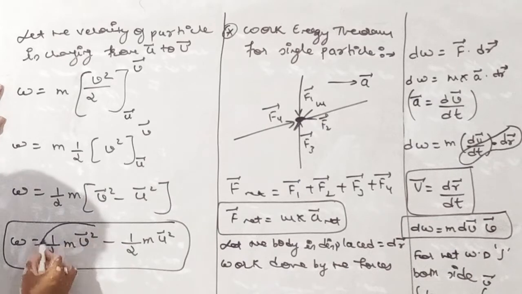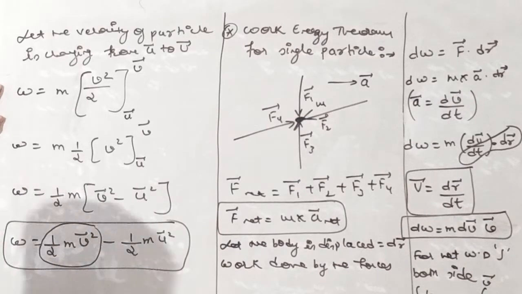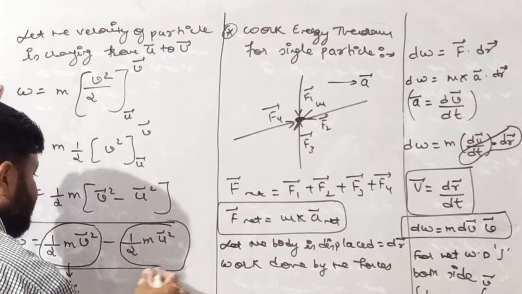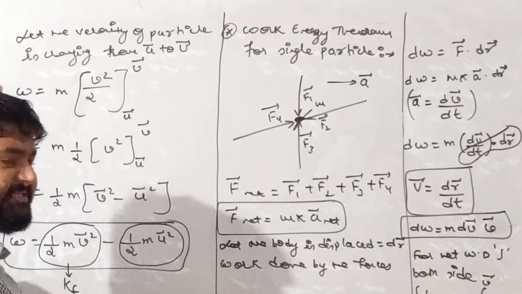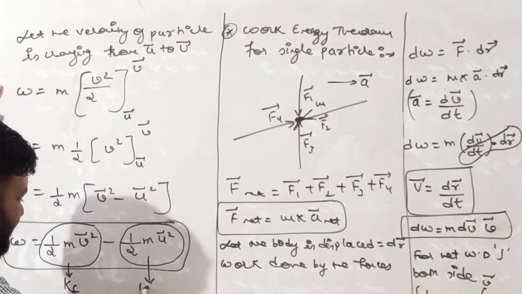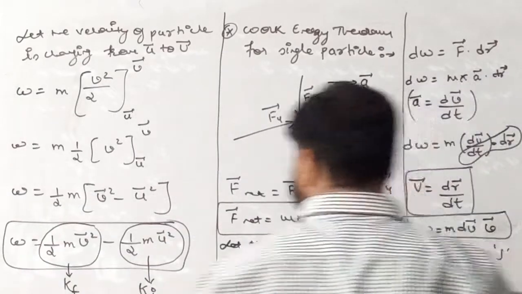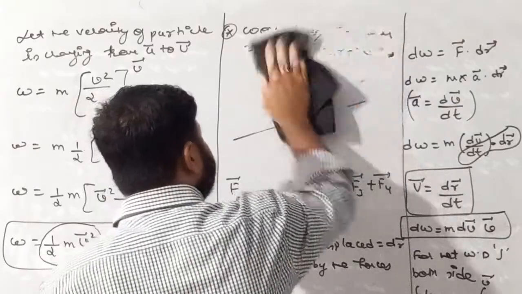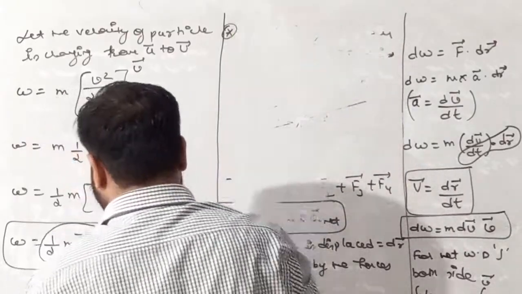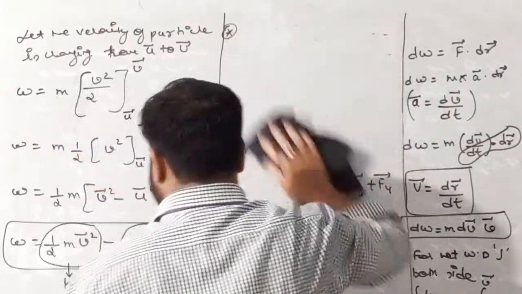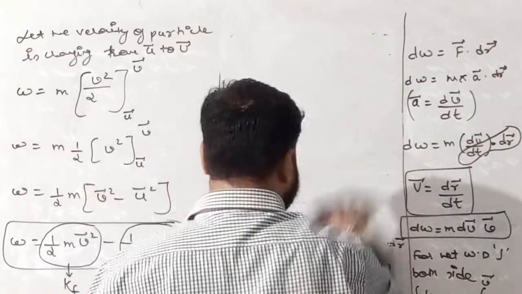So see, this is basically half mv square, and along this the final velocity is there. So we can say this is basically the final kinetic energy. Similarly, this is with u, so u is the initial velocity, so we can say this is the initial kinetic energy. So we can write work done is equal to half mv square, which is K final, and half mu square, which is K initial.